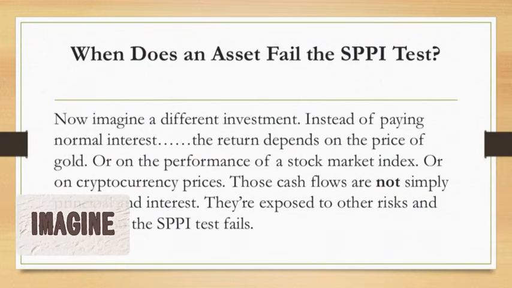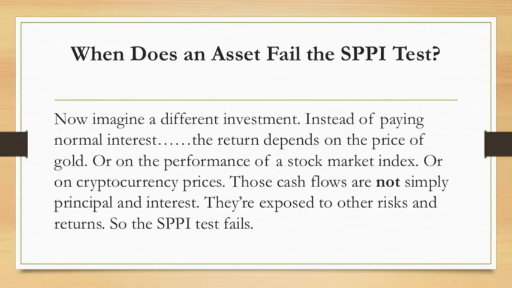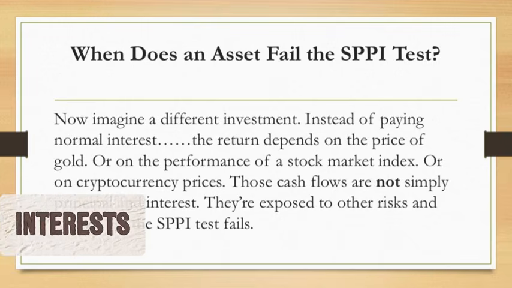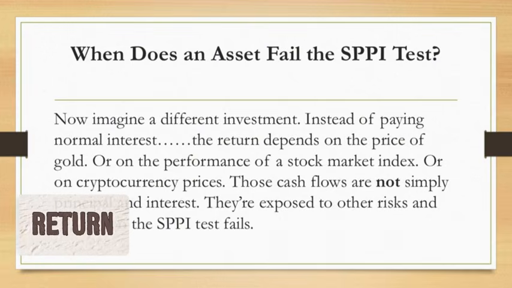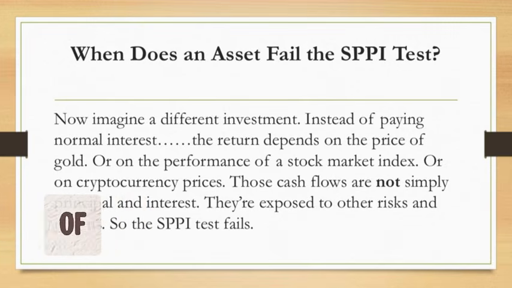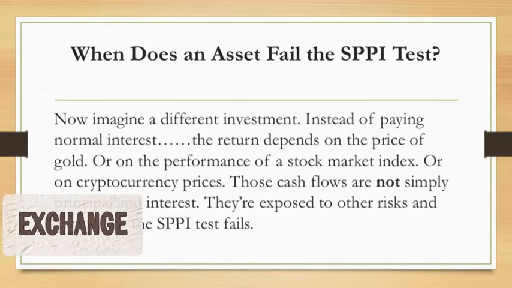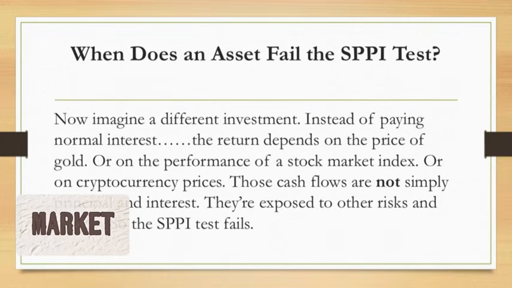Good. Now imagine a different investment. Instead of paying normal interest and of course the principal upon maturity, the return you are expecting depends on things like gold, the price of gold. It depends on the performance of the stock exchange. You know, the stock market index? It depends on that. Or it depends on cryptocurrency prices.